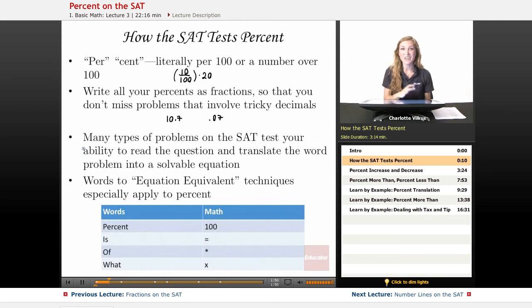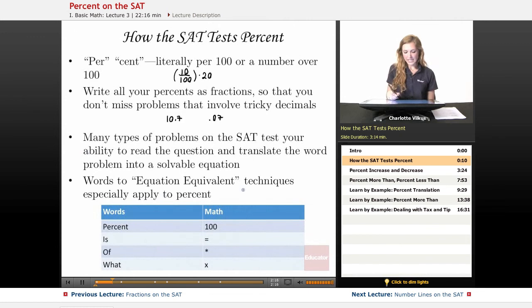You've seen that there are a lot more word problems on the SAT than on your standard math test where you just get an equation and you're supposed to solve it or factor it. Word problems come up a lot with percent especially. So you need to know how to use equation equivalent techniques.